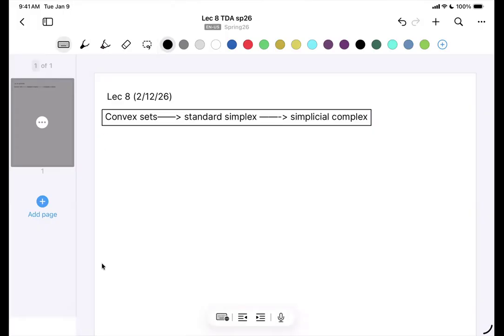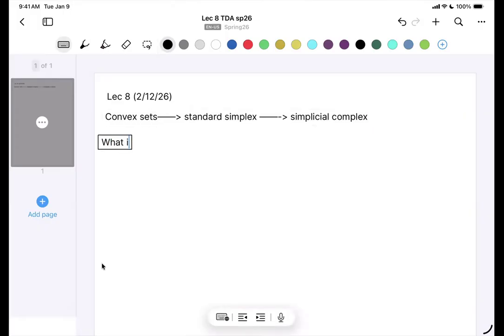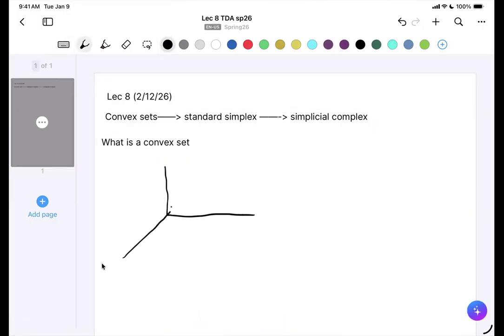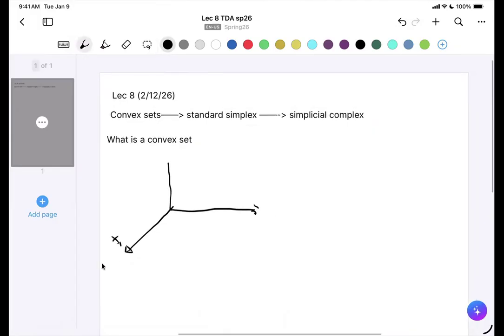So okay, what is a convex set? I'm going to pretend that the set is just some region, a subset of Rn. So you have a subset of Rn. Let's just call the coordinates x1, x2, up to xn.